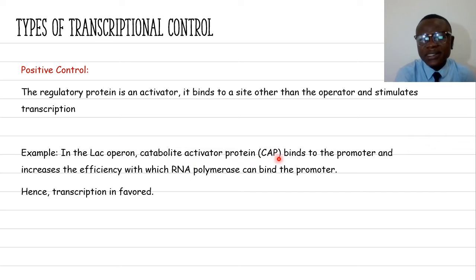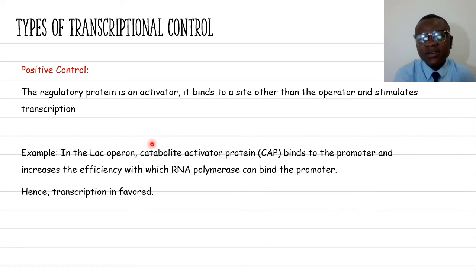In the lac operon, there is a protein known as the catabolite activator protein. The catabolite activator protein binds to the promoter and increases the efficiency of RNA polymerase. In the absence of this protein, there is a sloppiness of the RNA polymerase, meaning it doesn't really stick to the promoter; it binds and then falls off.